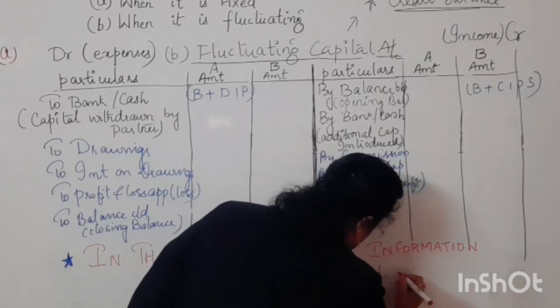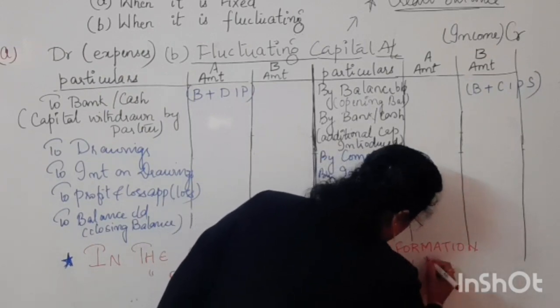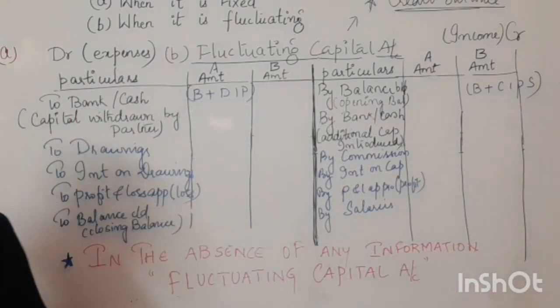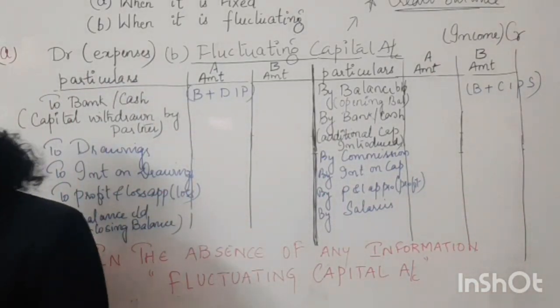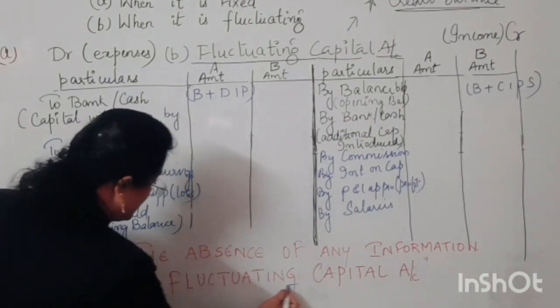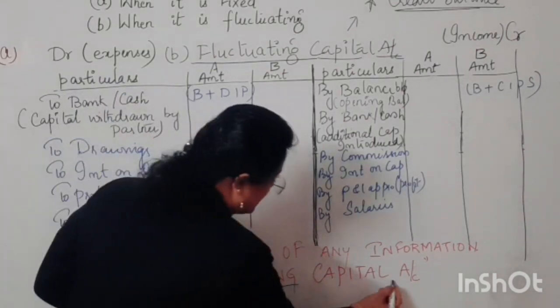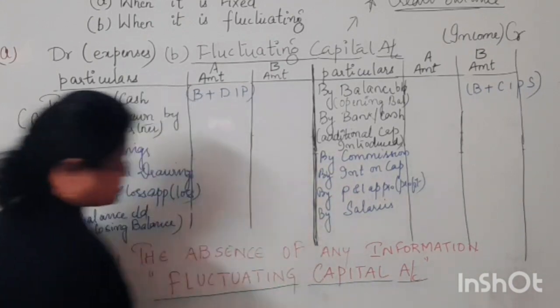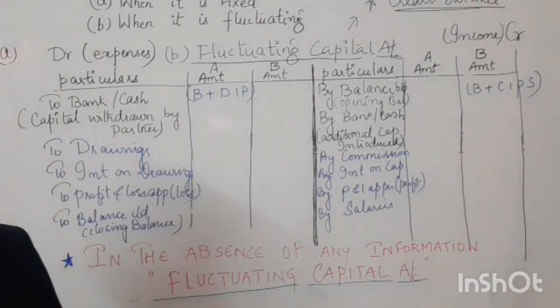Okay, if the question says prepare the partners capital account when it is fixed, then it is very clear and you can go for the first method, where you will be making up a fixed capital account and a current account.